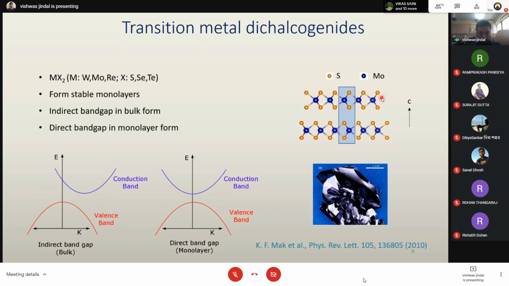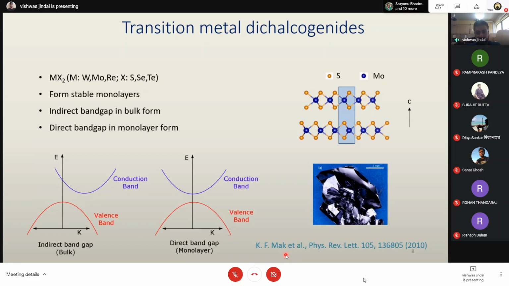These materials have an indirect band gap in the bulk form. That is, their conduction band and valence band don't align in crystal momentum space. But there was a renewed interest in TMDCs in 2010 when a group published that if you form a stable monolayer of MoS2 and do a photoluminescence measurement, it transitions from an indirect bandgap material to a direct bandgap material.